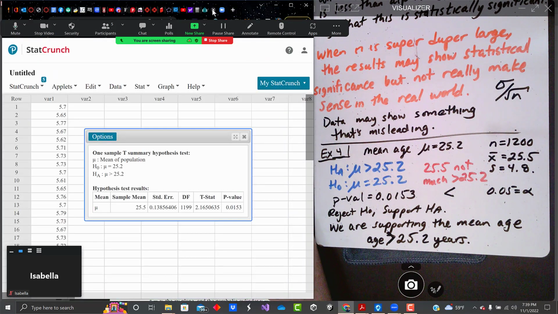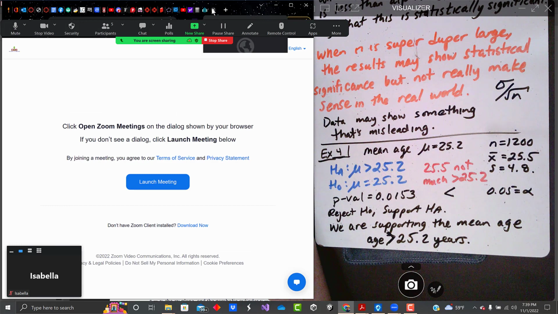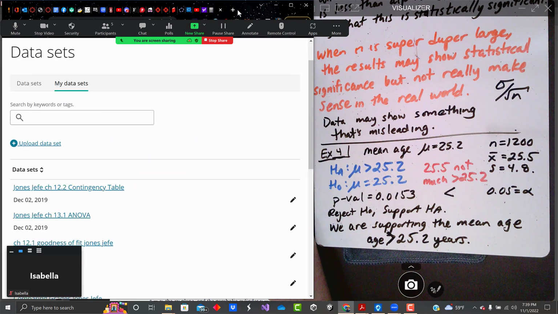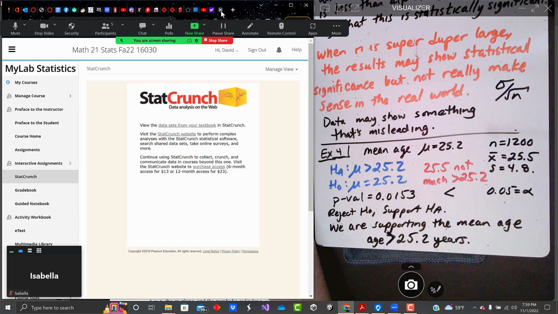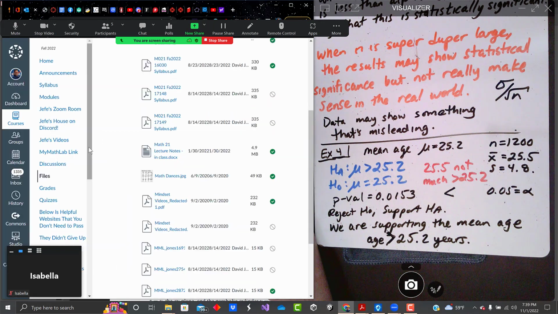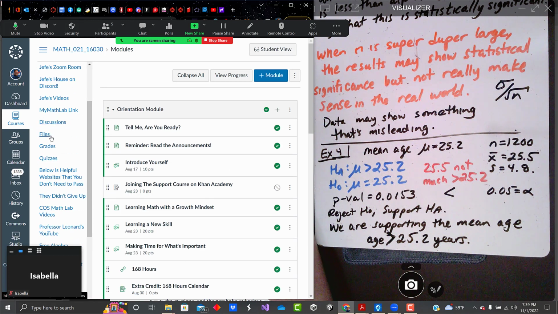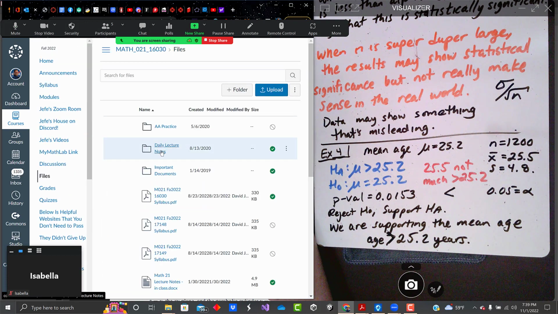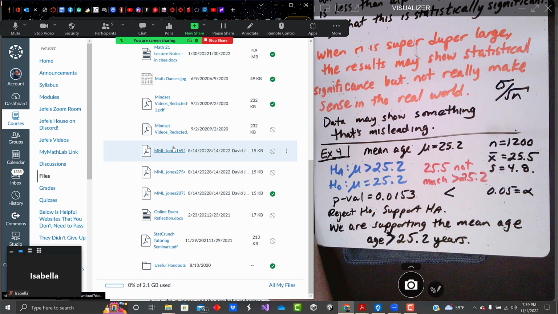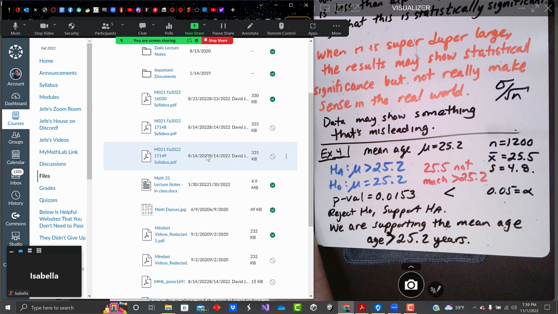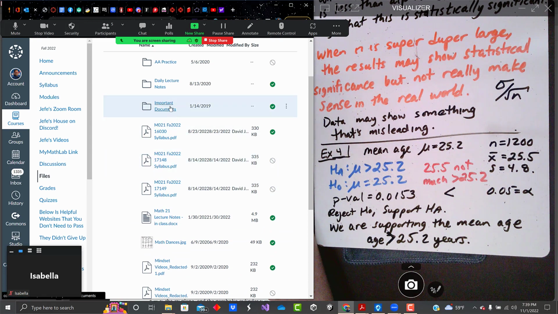Let's come over here and look in Canvas. So we have a project due, and it's due, I want to say, the first week of December. So if you come to Files, and where did I put it? Important Documents.